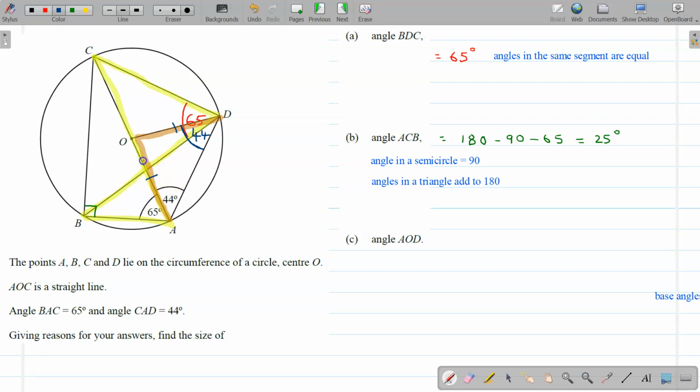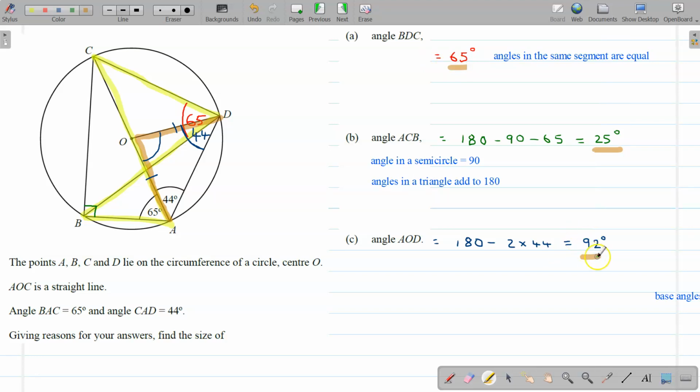And if those are both 44, the one that you're left with here is going to be equal to 180 take away two lots of 44, which is 180 take away 88, which is 92. Now it doesn't look like 92, it looks like less than 90, but as I said earlier, these diagrams often do not reflect the true picture because they're not drawn accurately.